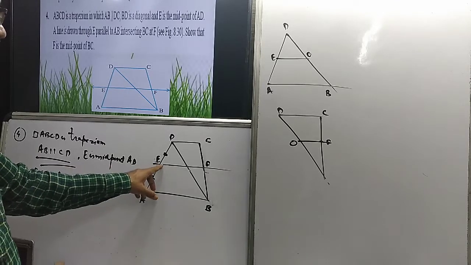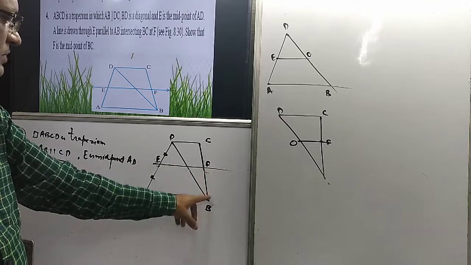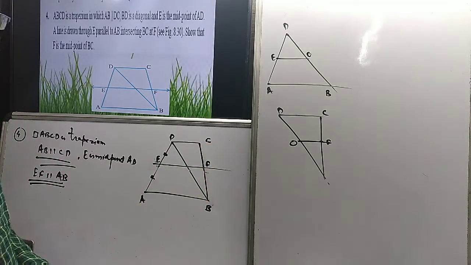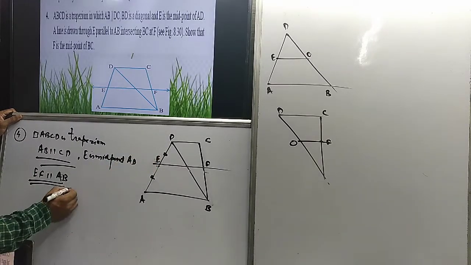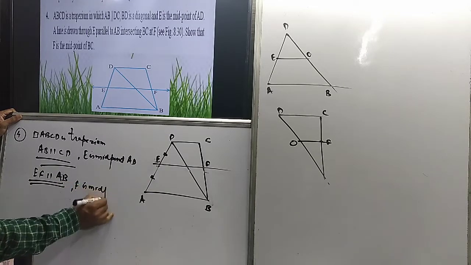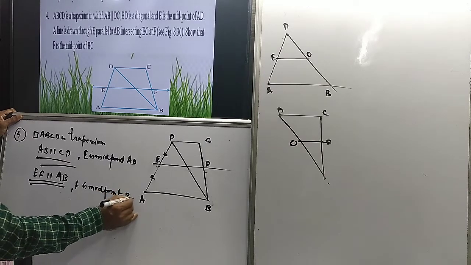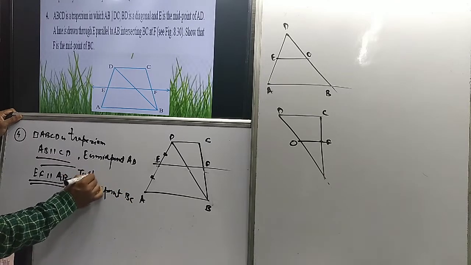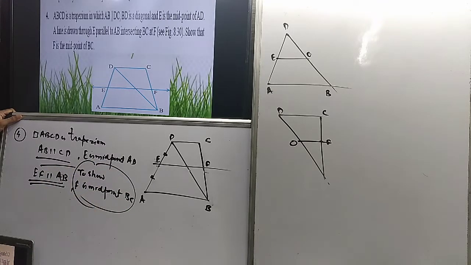If E is the midpoint of AD, then we have to prove that F is the midpoint of BC. That is to show.